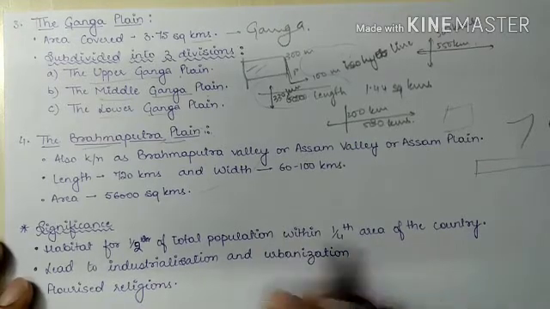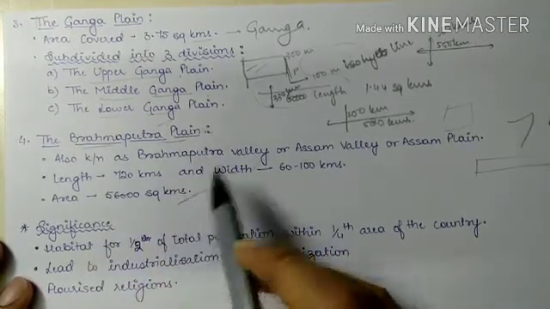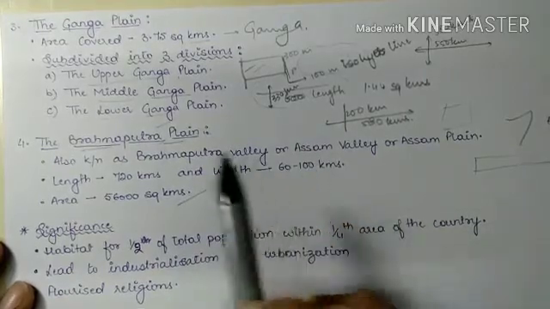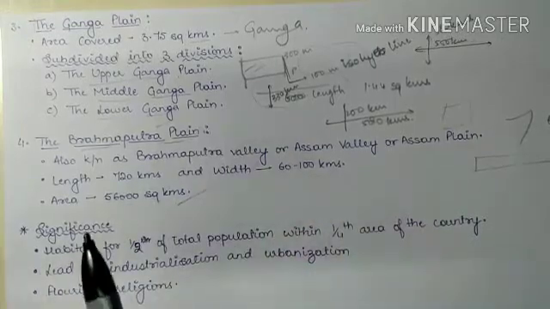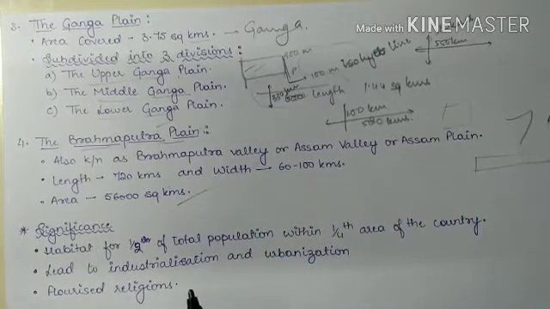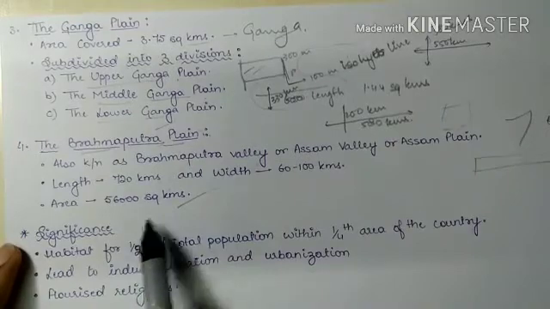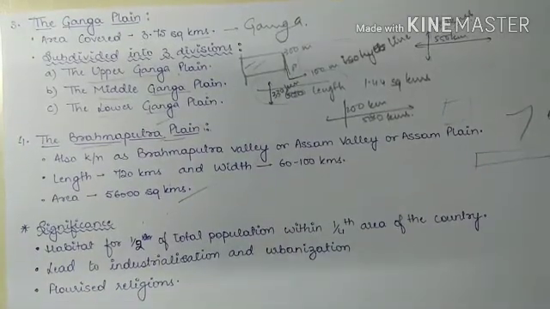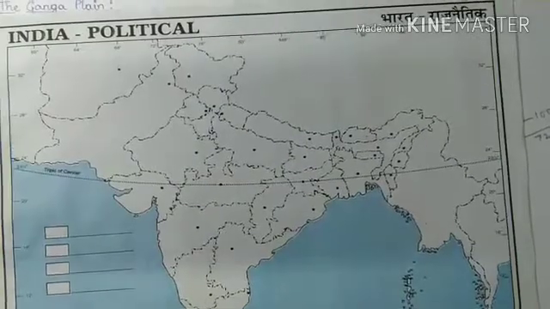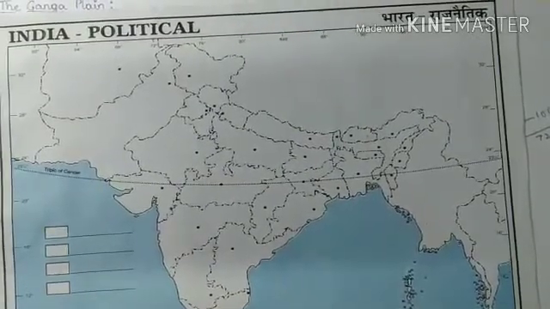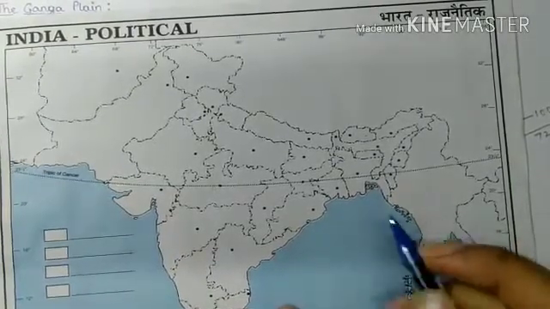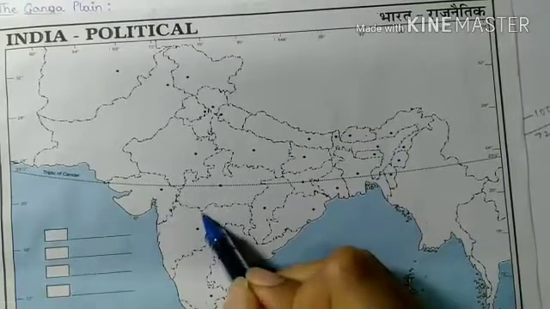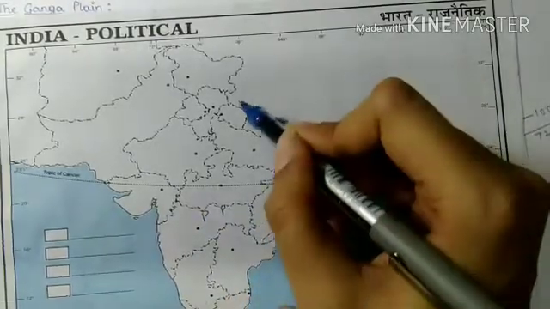Now, as we have seen the physical or geographical divisions of this plain, we will look into the significance of the Great Northern Plain of India. But before that, we will mark these areas on the map. If we talk about the Great Northern Plain, it is sandwiched between the Peninsular Plateau and the Himalayan region.